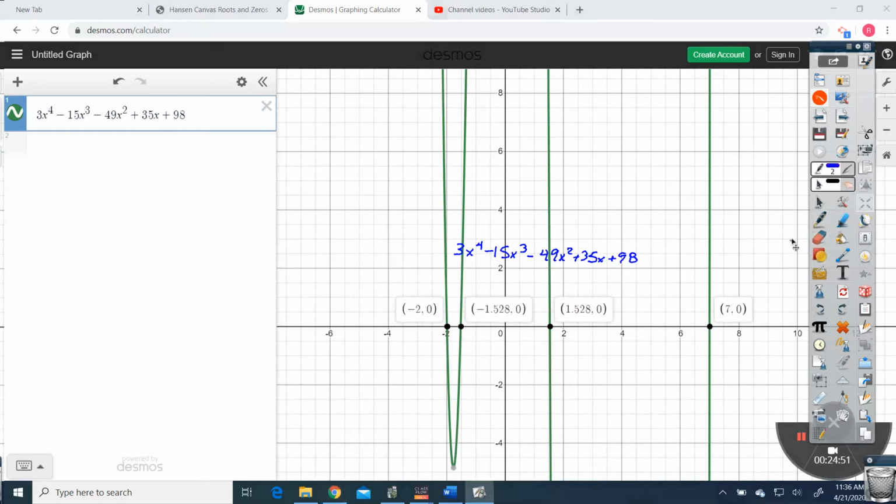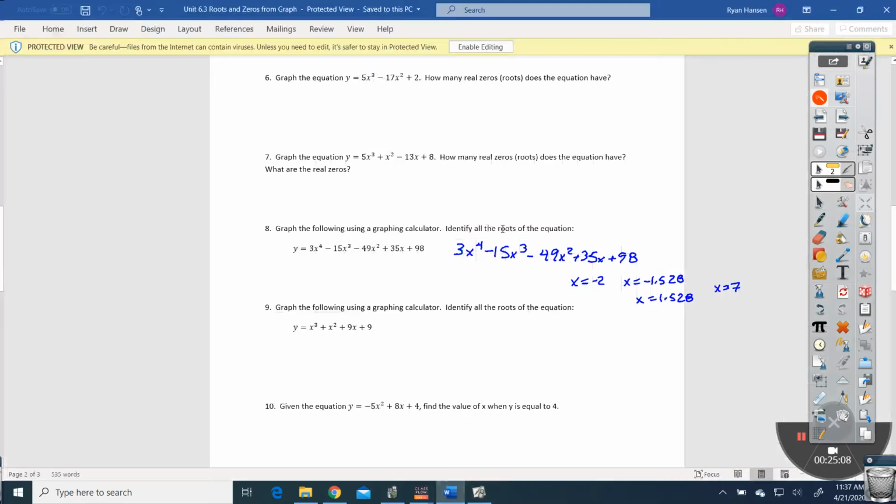So my roots are going to be x equals -2, x equals negative 1.528, x equals 1.528, and x equals 7. So now I just go back and I write those down, and those are the four answers. And it couldn't have more than four because the highest power is 4.